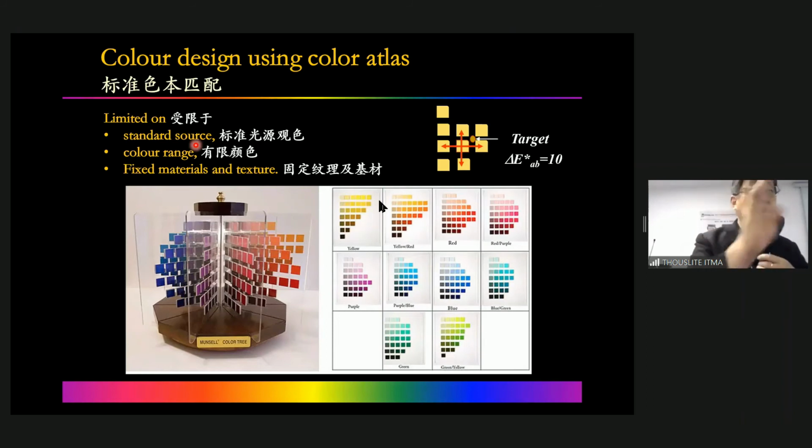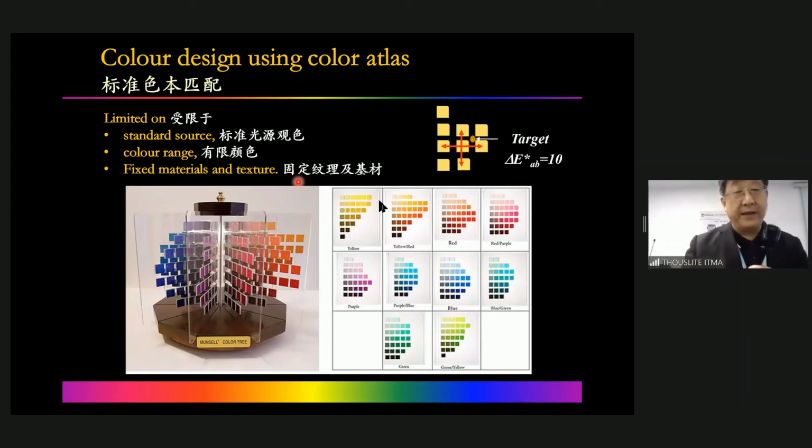If you are under Illuminant A, there's no guarantee the actual appearance is what you want. Color range is limited, because designers always like to have colors in between, and it's very rare to have exactly the same colors. Finally, there are fixed materials. You always have, let's say, the paint or one type of fabric.